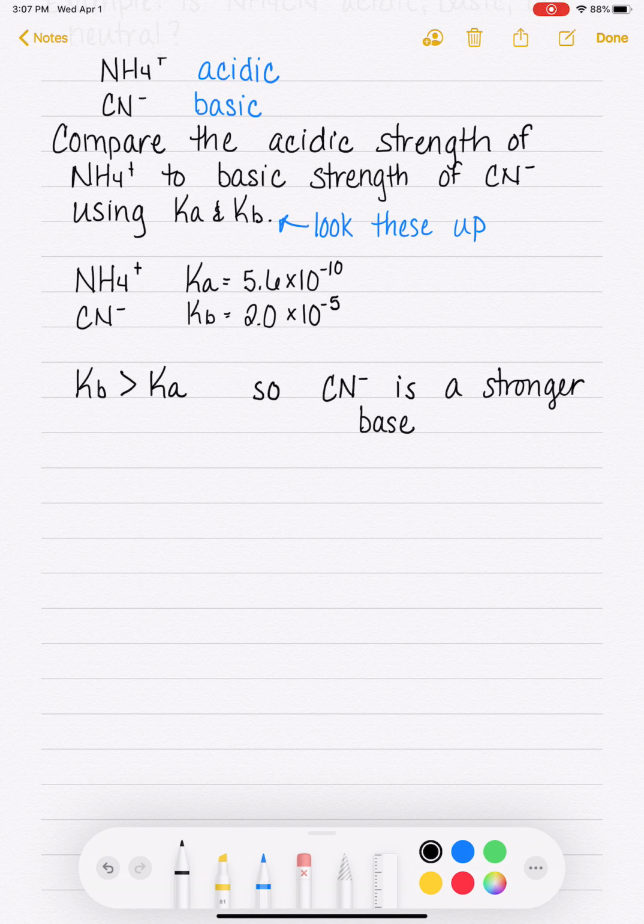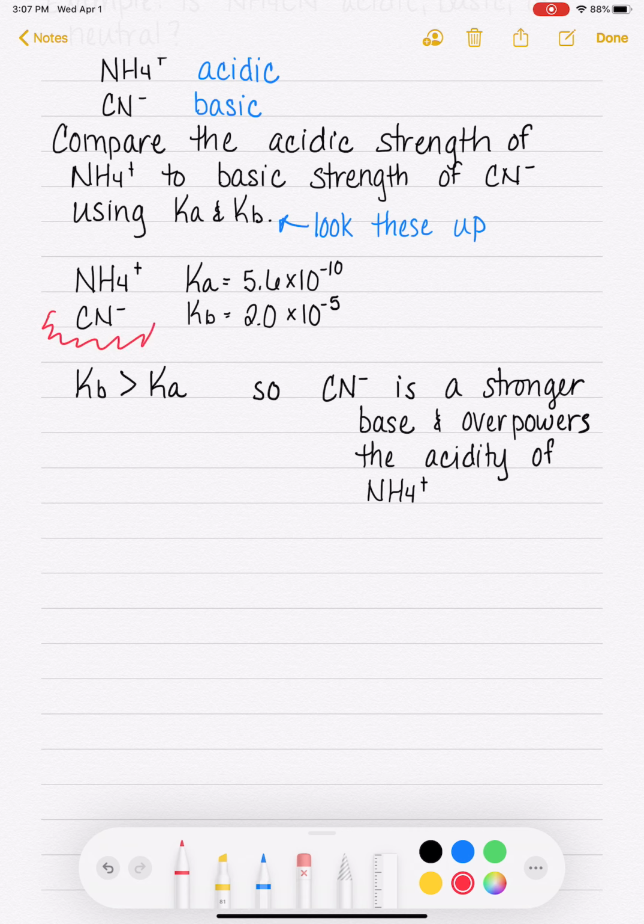And that's a confusing sentence. I don't want to write all that down because that sounds awkward. Cyanide is a stronger base, and it is overpowering the acidity of the NH4 plus. So what I originally drew on my squiggly lines was the other way around.